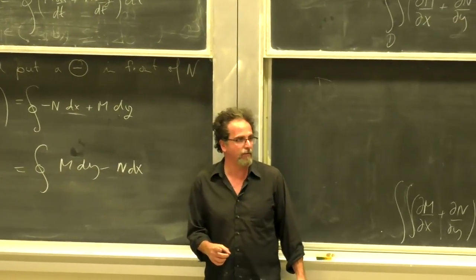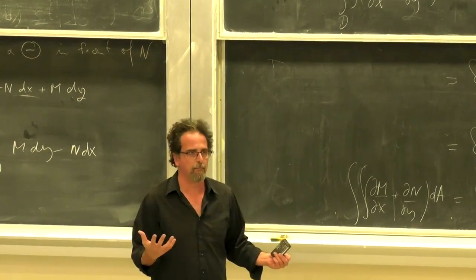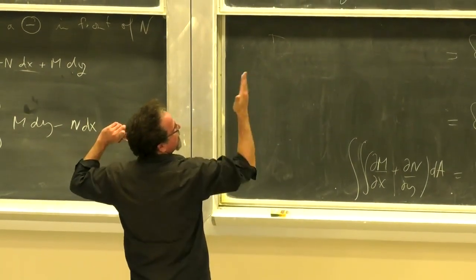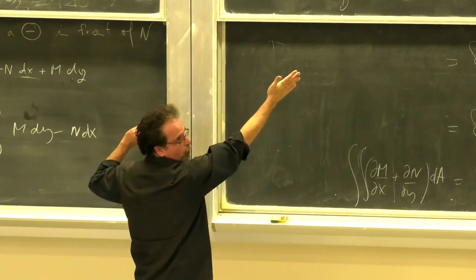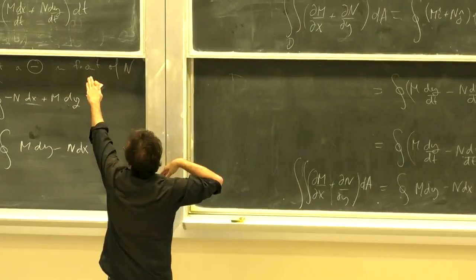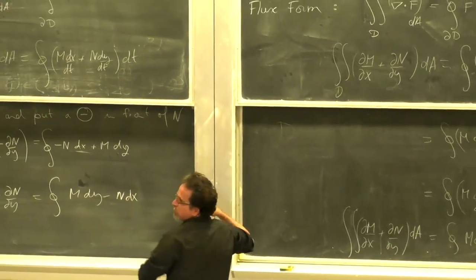Why? These two forms of Green's theorem: this right-hand side is a vector field dotted into the outward component, and that's related to the divergence. This right-hand side over here is the vector field dotted into the alongward direction.